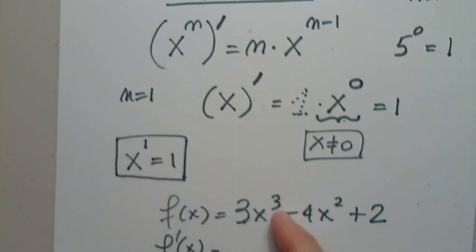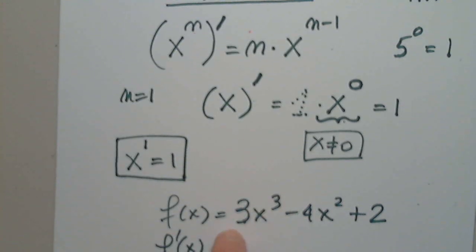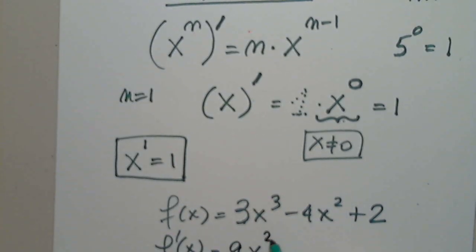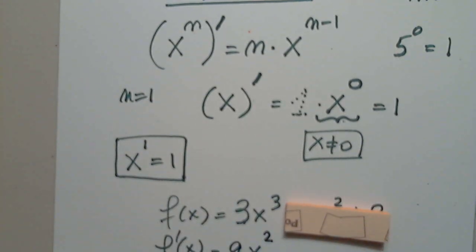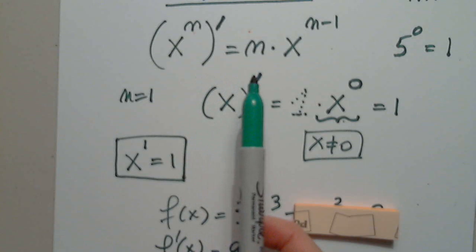According to the power rule, I bring down 3, but I have to multiply it by this 3 in front, and subtract 1 from the power. This part is done. Bring down 3, multiply by 3, get 9, subtract 1 from the power. So I'm using the power rule.